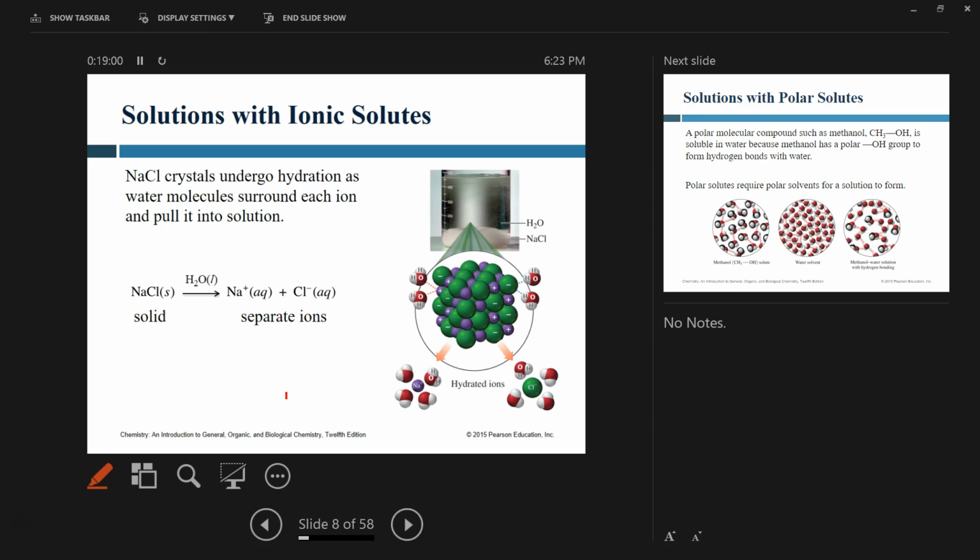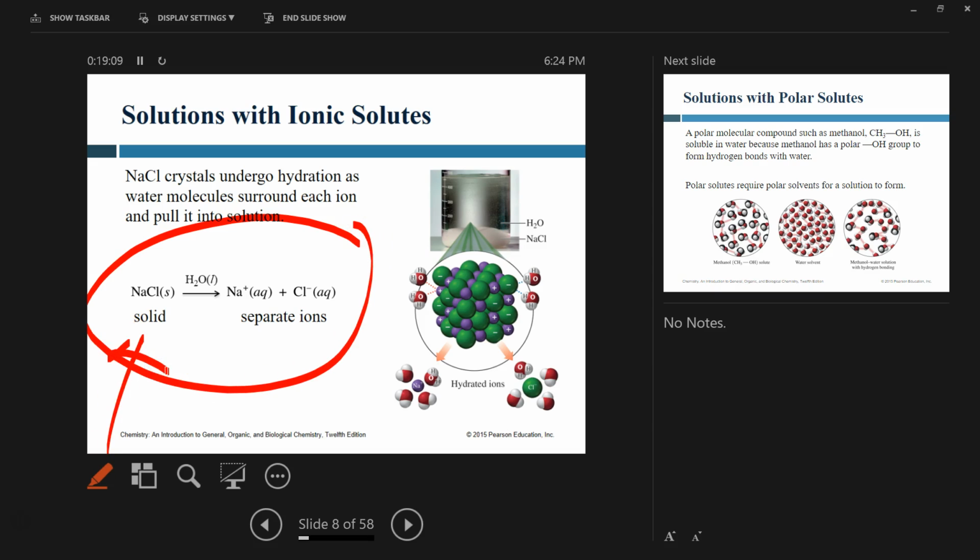Now, I started the chat about sodium chloride. I never managed to finish it, and now I have a chance to do that. So if you have solid sodium chloride, basically the table salt, and you mix it with water, during the process of dissolving, the salt will dissociate into sodium cations and chloride anions.